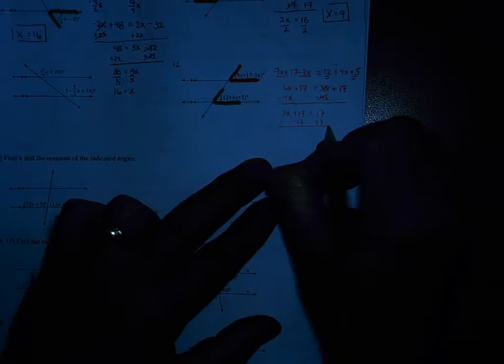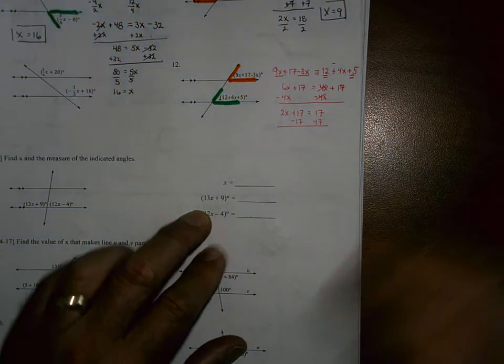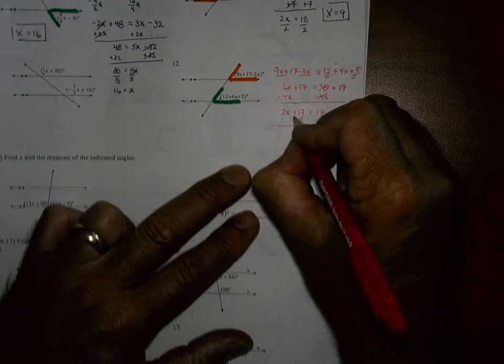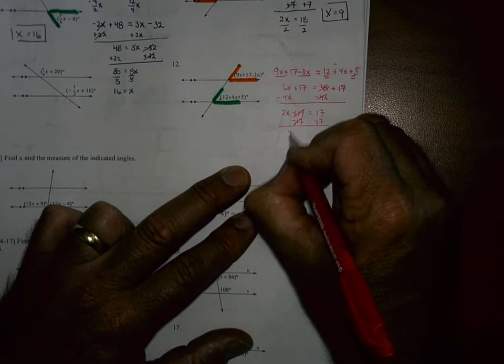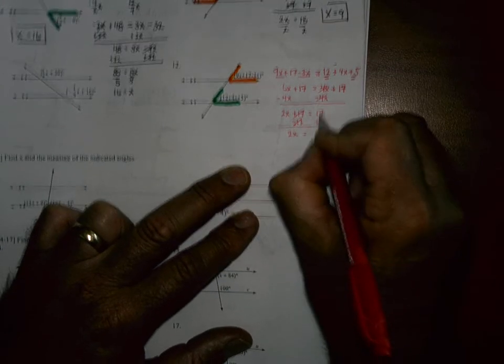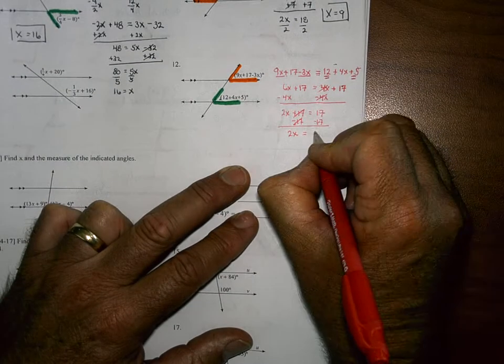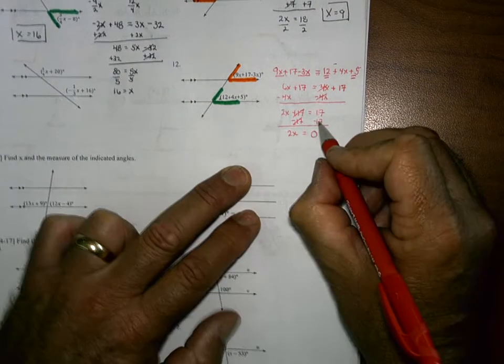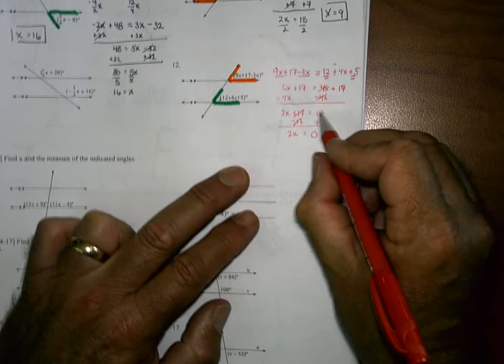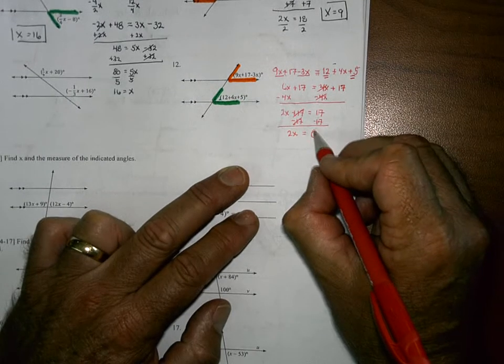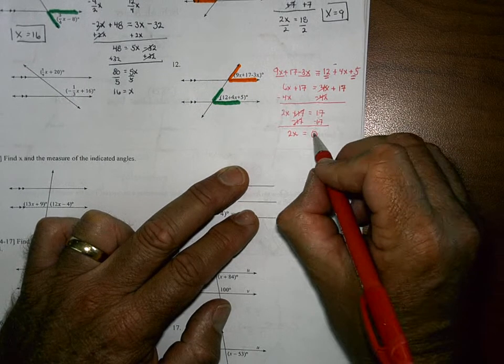And something's going to happen that you guys might not like very much, but it's perfectly okay. Notice these 17's will cancel out. That would give me 2x. And these 17's will cancel out, but what are they equal to? Well, they're going to be equal to 0. So it's best if you don't cancel them out and leave nothing there. But if you do cancel them out and there's nothing, put a 0.